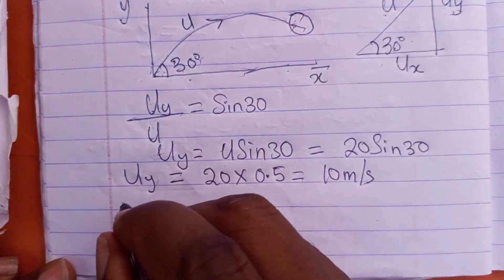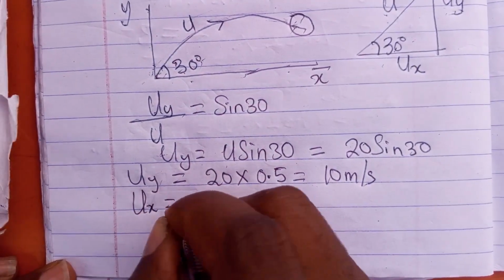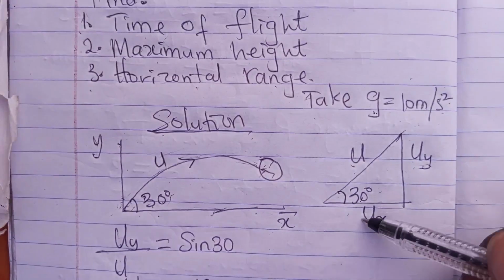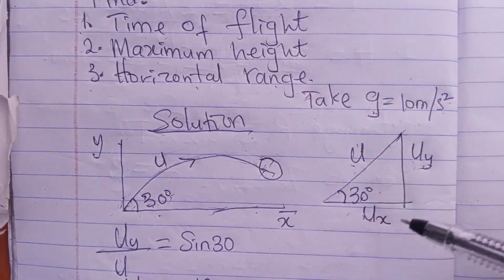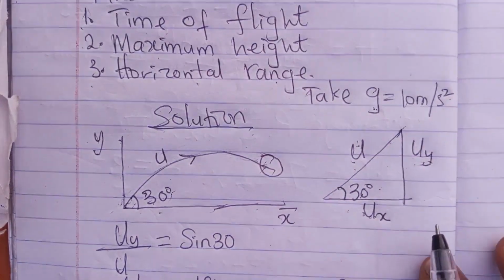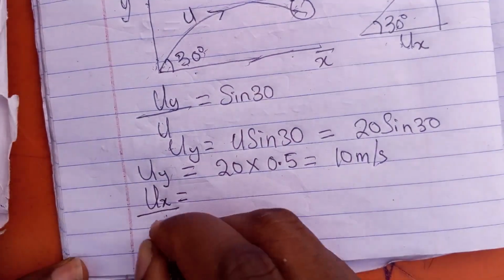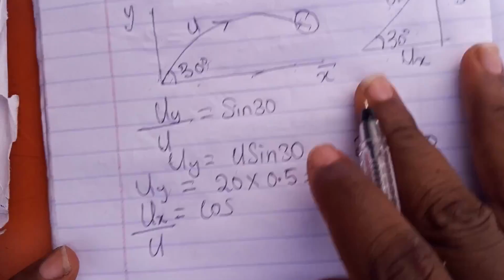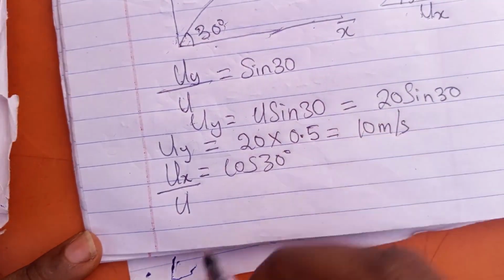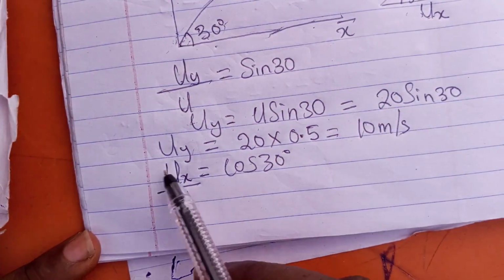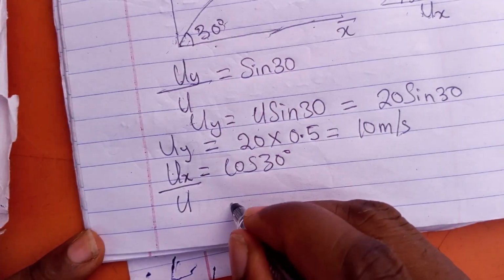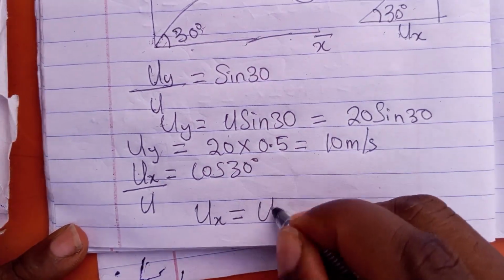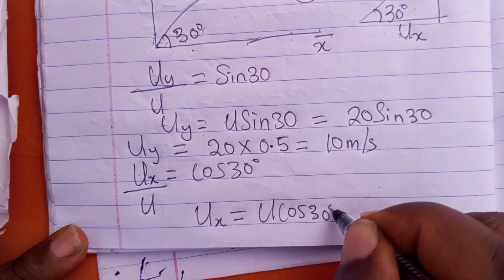Similarly, for our ux, the horizontal component, from the trigonometry relationship, ux over u is cos 30 degrees. So cross multiply to make ux the subject of the formula: ux equals u cos 30 degrees.